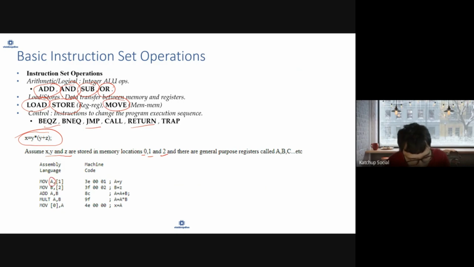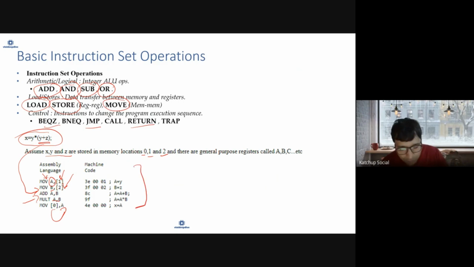Basically, this is showing move whatever is at address 1 to A. Whatever is in address 2, move it to B. Then you are doing add A and B, and then store, and then multiply A and B, and whatever the result is, move to a particular location. Okay, so this is basically normal code.